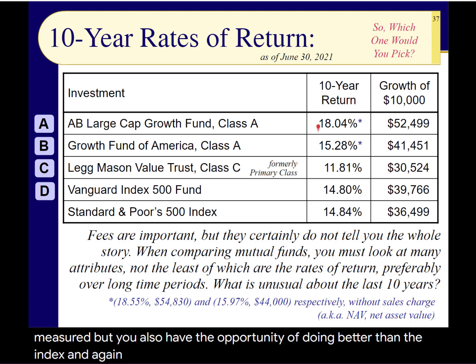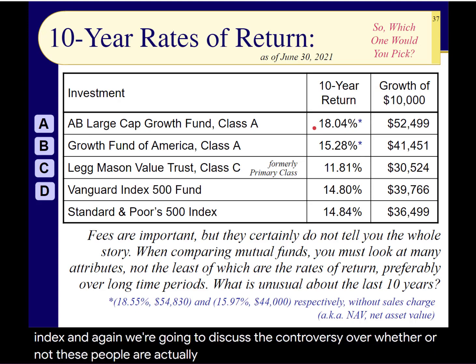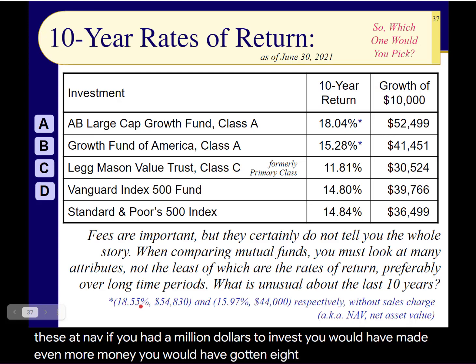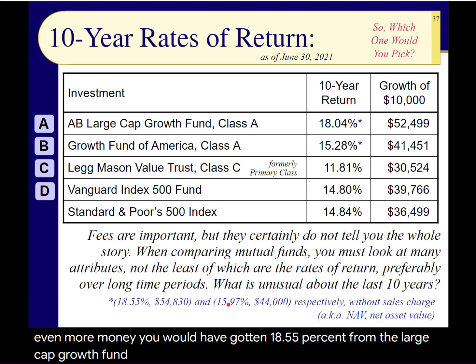And again, we're going to discuss the controversy over whether or not these people are actually earning their money. Notice that if you had these at NAV, if you had $1 million to invest, you would have made even more money. You would have gotten 18.55% from the Large Cap Growth Fund and 15.97% from the Growth Fund of America.